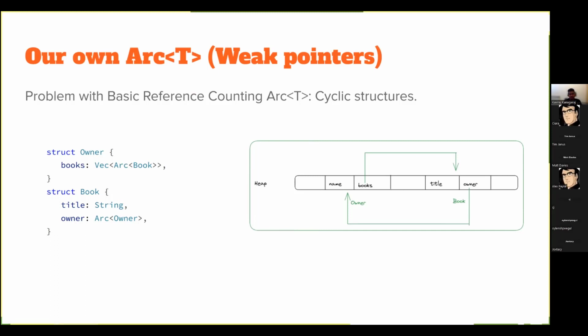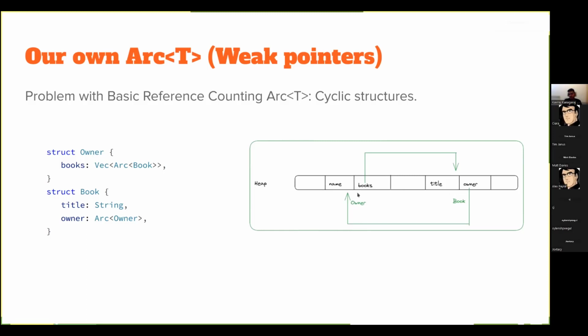What I mean by that is, for example, in the code you see on the left, you have a struct Owner, which has a list of books. Any owner can have multiple books, and it's a vector of Arc of Book, because a single book can be part of multiple owners. And the book can also have an owner. So, as you see in the diagram on the right, you have two objects, the owner and the book, on the heap.